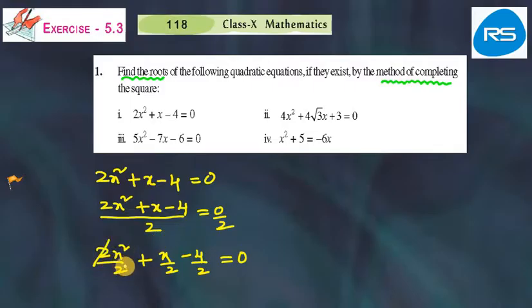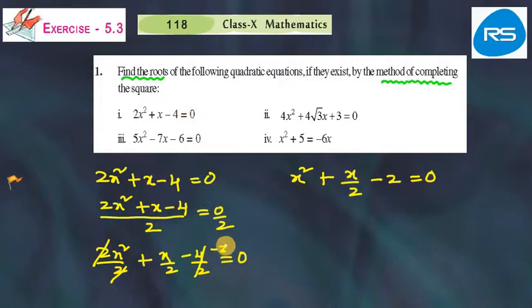Now these 2s get cancelled, and simplifying, we get minus 2. So ultimately we are getting x square plus x by 2 minus 2 is equal to 0.